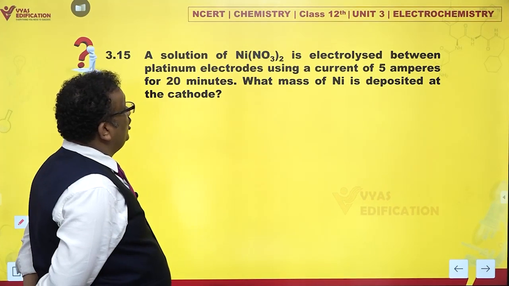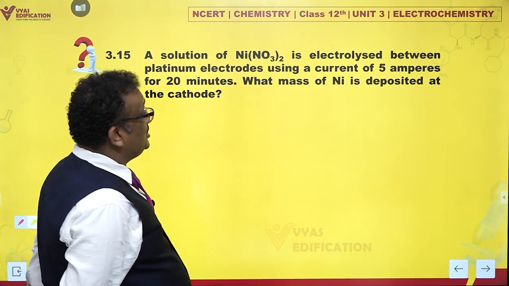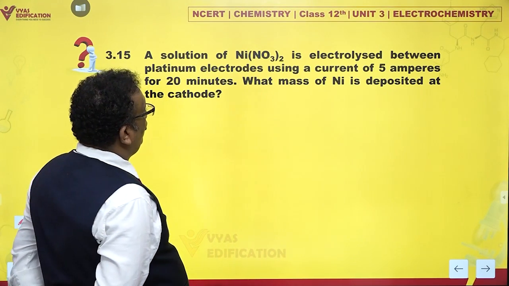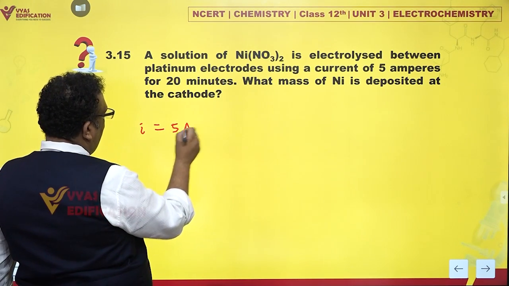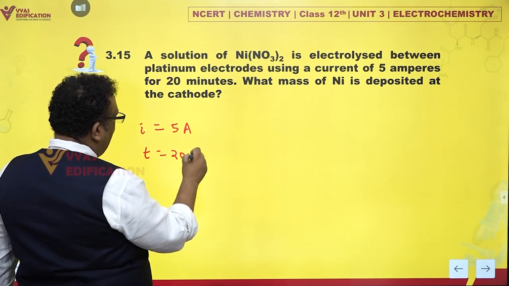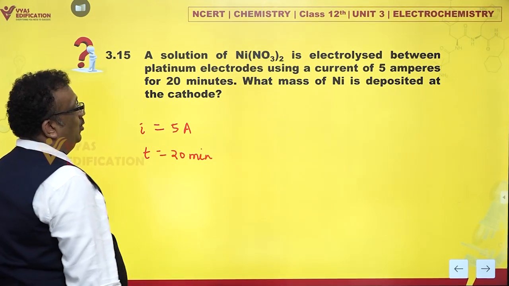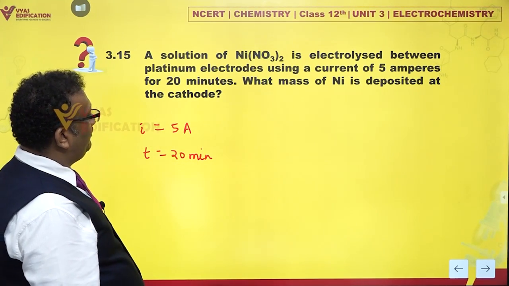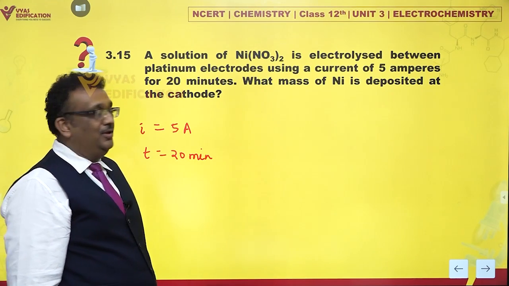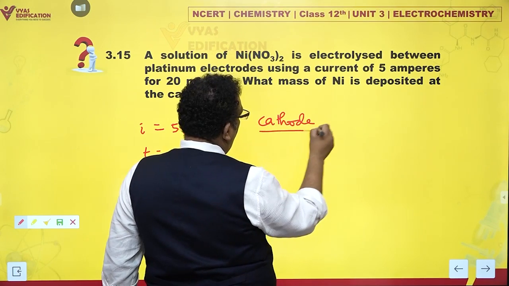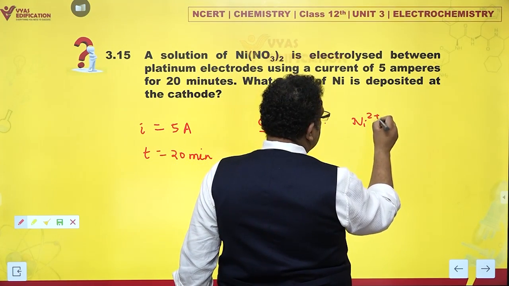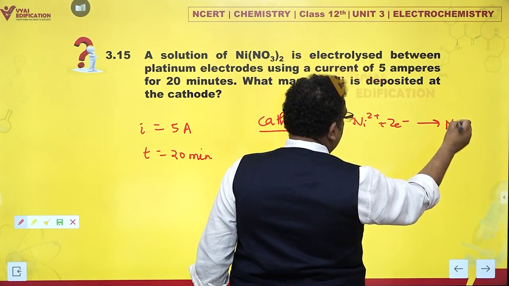It says, a solution of nickel nitrate is electrolyzed between platinum electrodes using a current of 5 amperes for 20 minutes. What is the mass of nickel deposited at cathode? Now, what is the reaction at cathode? At cathode, you have Ni2 plus undergoing reduction to give you nickel.